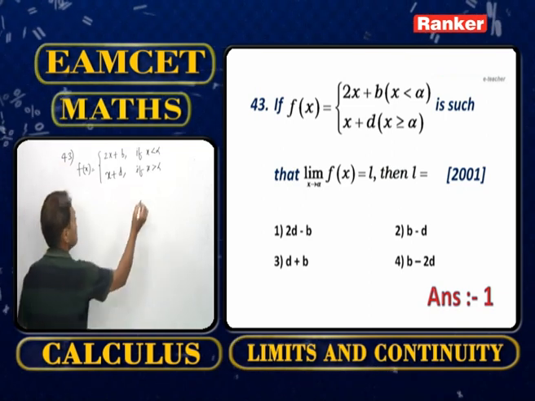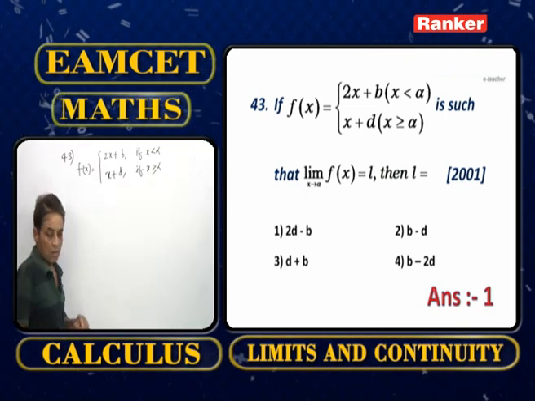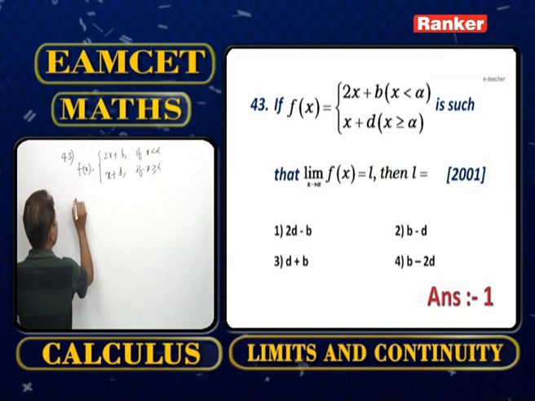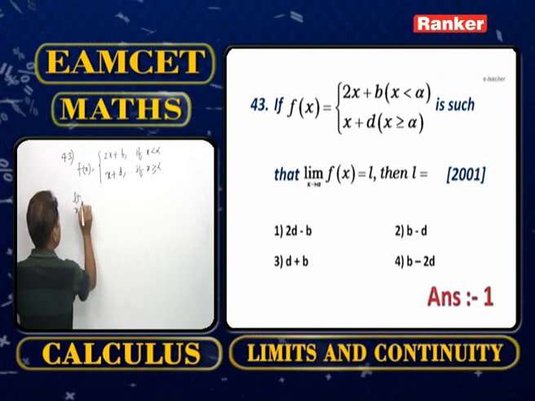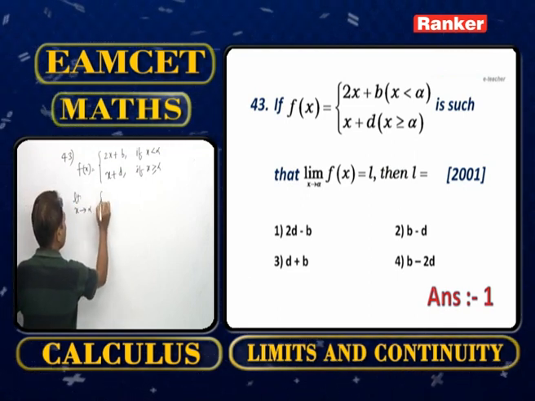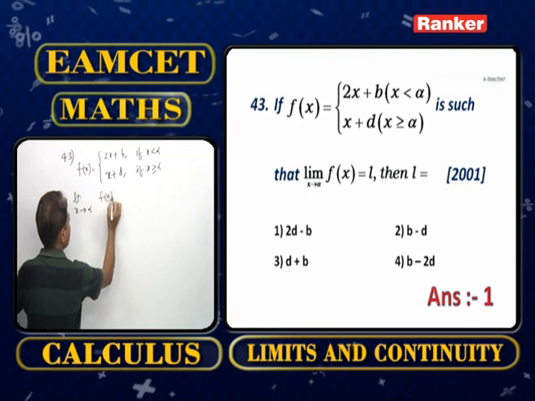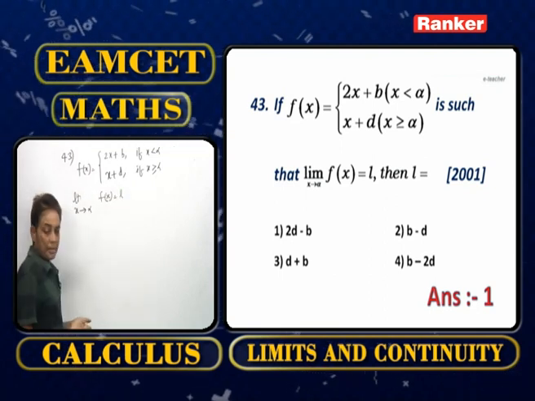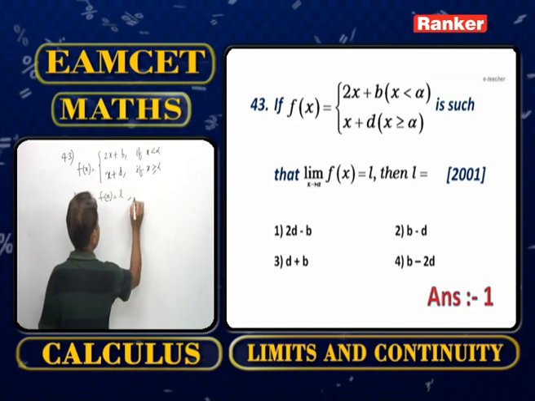Now, what is the question? Limit x tending to alpha, f of x is equal to L. Then what is the L value?